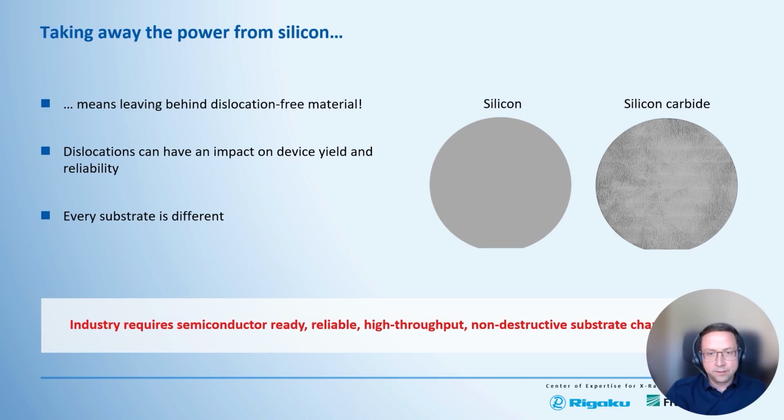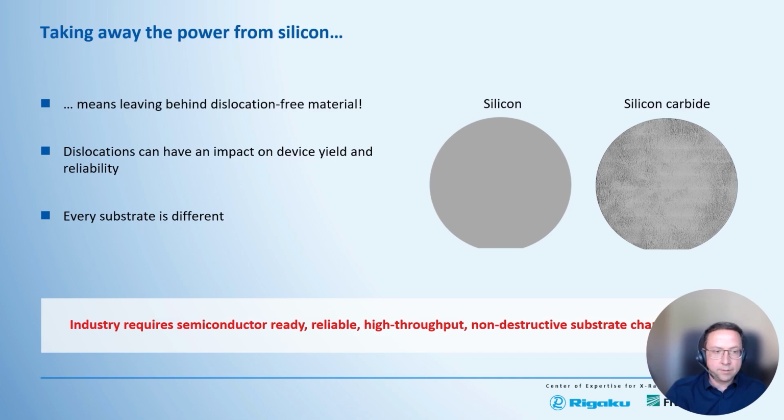This is our starting point, which means we have to deal with dislocations in a semiconductor material, which need to be recognized and counted. What is for sure is that dislocations can in general have an impact on the device yield, especially if we're talking about electrical devices, and on the reliability of those kinds of devices.